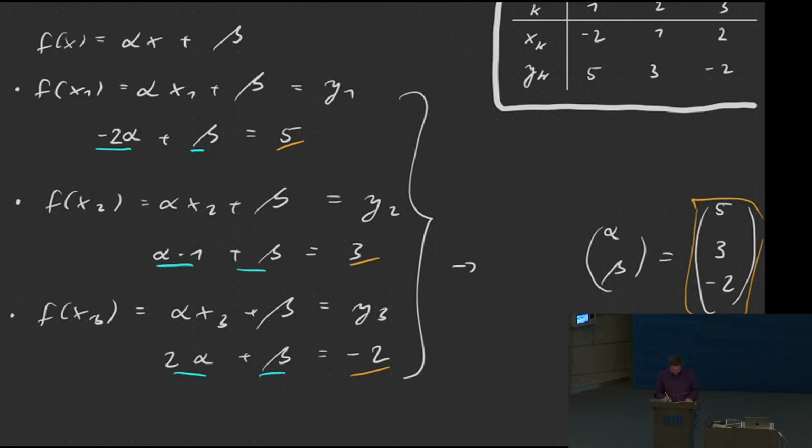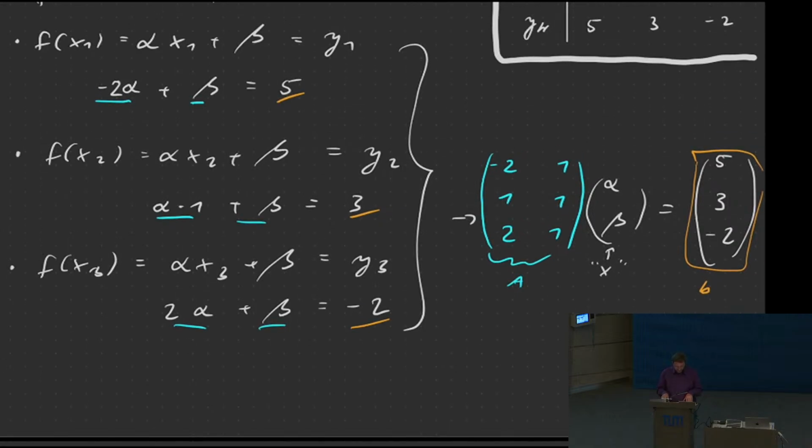So what we get here is minus 2 and 1 beta, 1 alpha and 1 beta, and 2 alpha and 1 beta. Right, so this here is our matrix A. This is our vector B. And that here is the X, the unknown that we're looking for, in this case alpha beta.